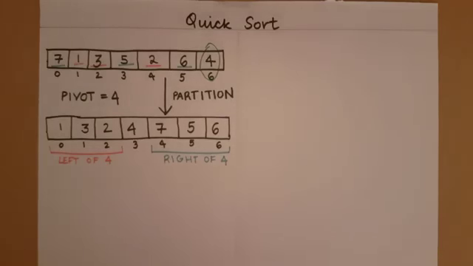So let's first apply the partition to the left of 4. When we're applying the partition to the left of 4, the pivot chosen here will become 2, since 2 is the last element of the left of 4 array.